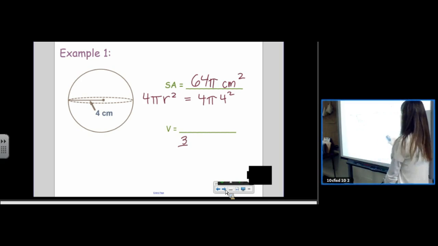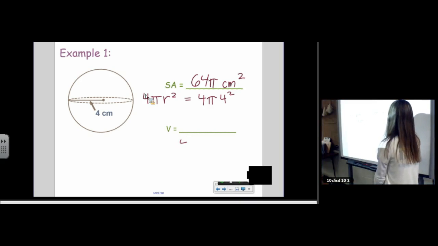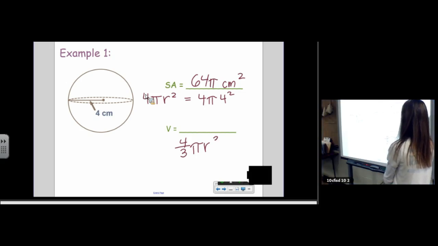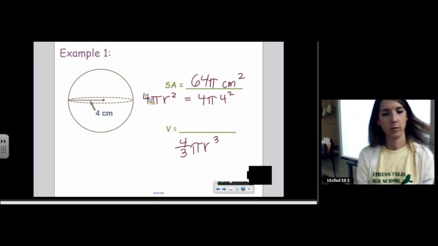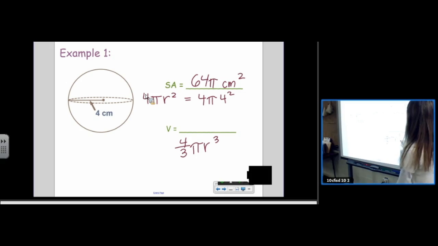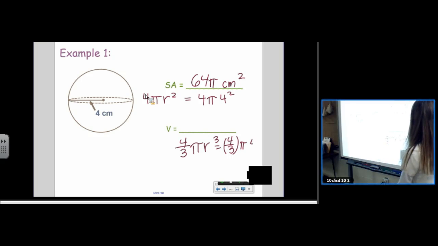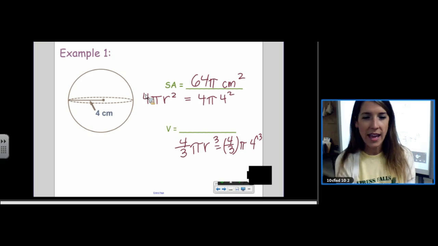All right, volume. It's 4/3 pi r cubed. 4/3 times, we're not going to press the pi button, but we need to press r to the third. So you need to press like the little caret button.